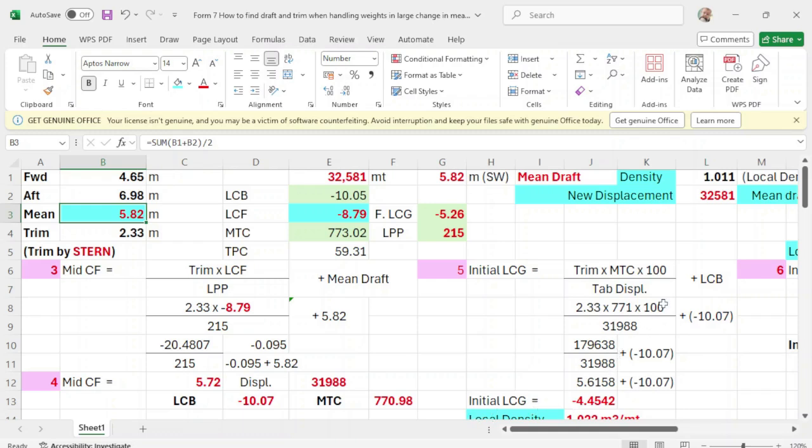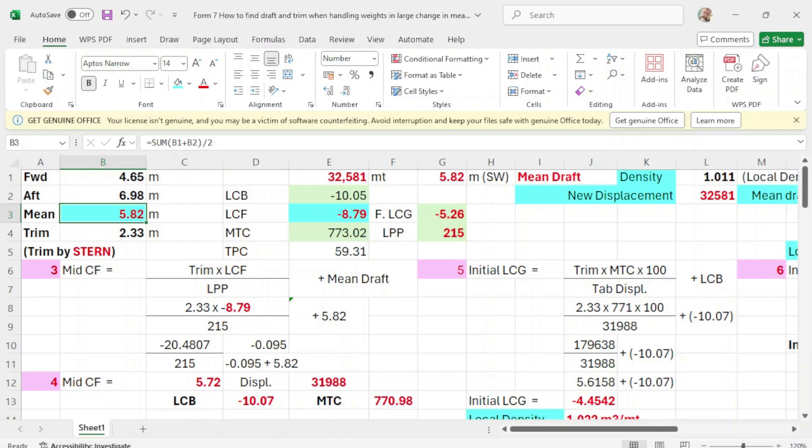Multiply this, that will be 179638 over the displacement, plus your LCB. Divide this, the answer is 5.6158, plus your LCB, and your initial LCG is negative 4.5442. Take note of this, that is number 5.